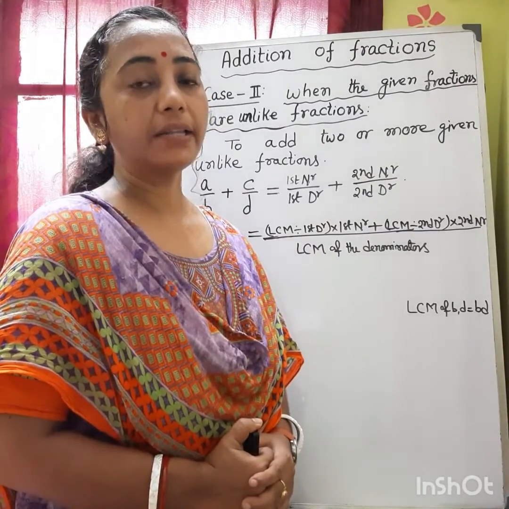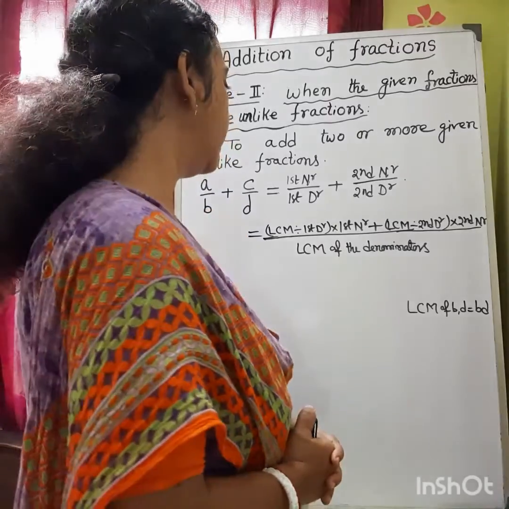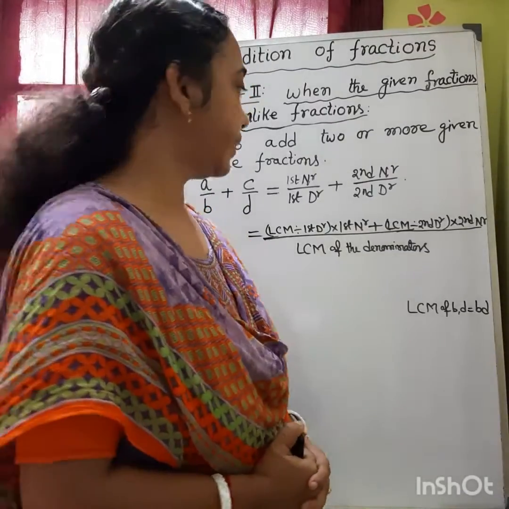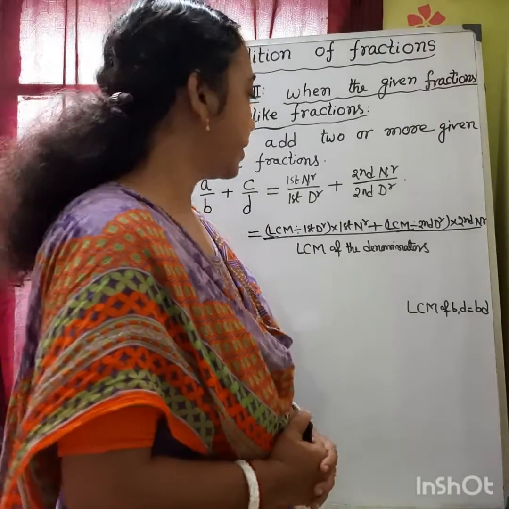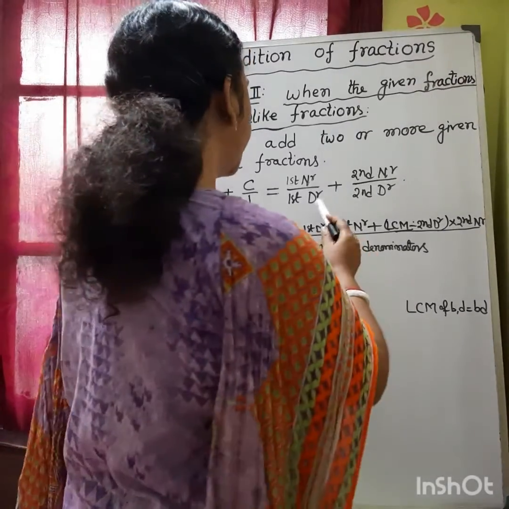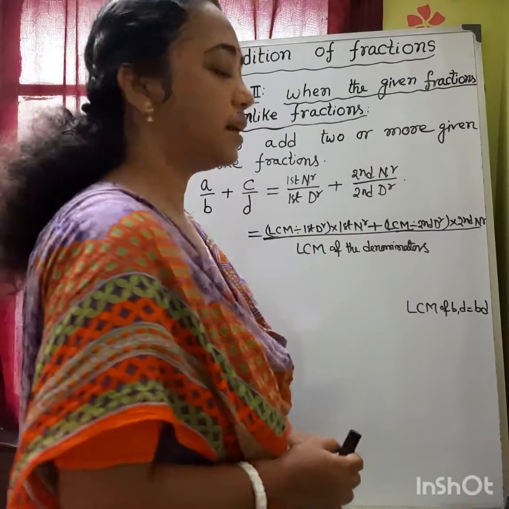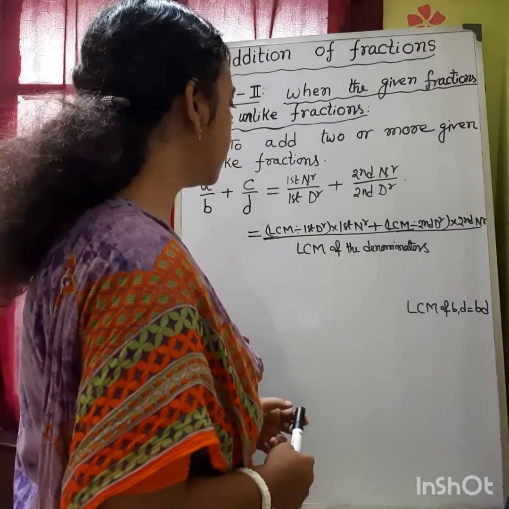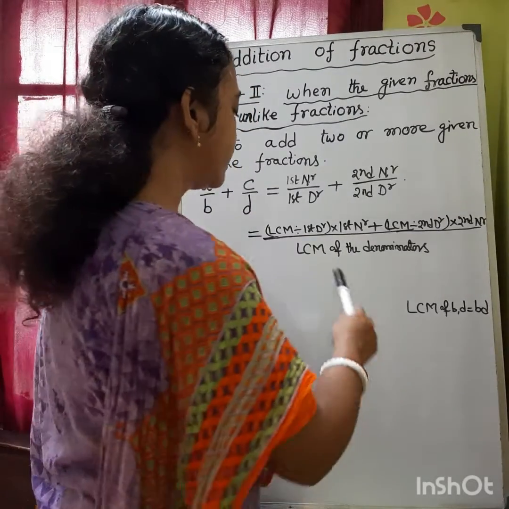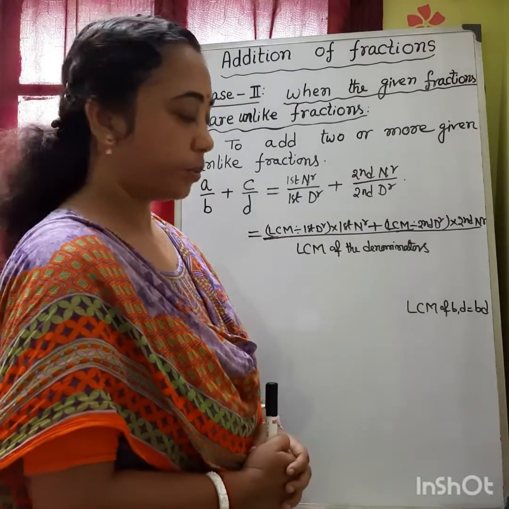Now to find the sum of a by b and c by d, we can also find the sum in a shortcut way. First we denote a as the first numerator, b as the first denominator, c as the second numerator and d as the second denominator. After that, we write equal to, and in the denominator place we write the LCM of the denominators.